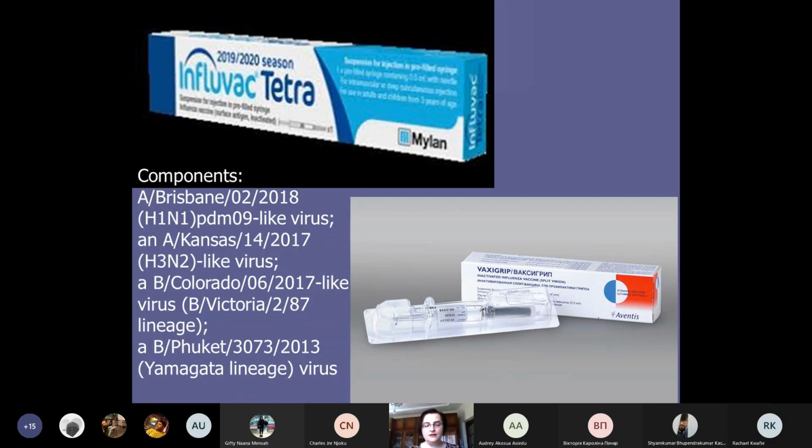Influenza vaccination does not adversely affect CD4 T cell counts or accelerate progression to AIDS or death in HIV-infected patients. The intranasal vaccine causes transient coryza and sore throat.